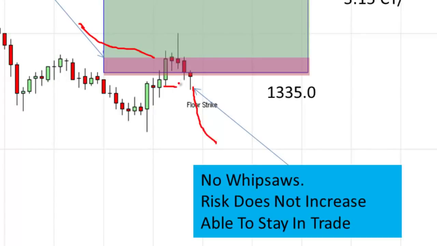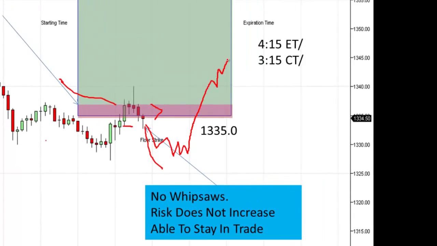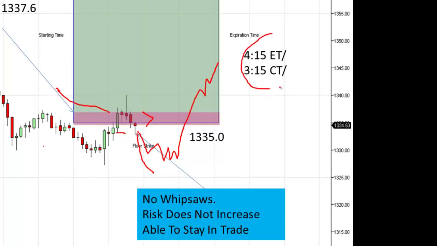If you were just doing a futures contract, you could easily get spiked out, and you'd be getting really nervous as it's dropping down. You don't get nervous. My risk on this trade is only $26. So again, you don't have to worry about getting whipped out. If the market goes down here and comes back up before expiration, which in this case is 4:15 Eastern, 3:15 Central, then you still have the potential to make a profit.